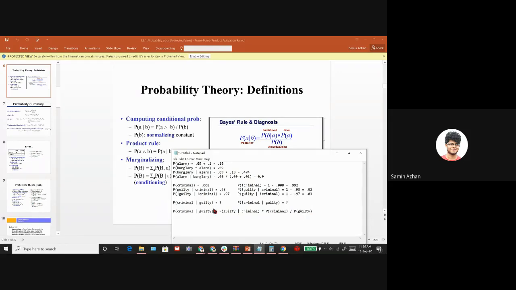Now, since we have to figure out both values, we can follow the same formula for the probability of the person not being a criminal but found guilty. If A is not criminal and B is guilty, then it should be the probability of guilty given not criminal, which is this one right here.